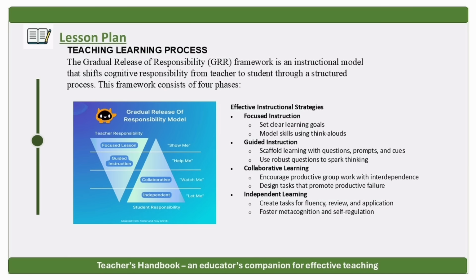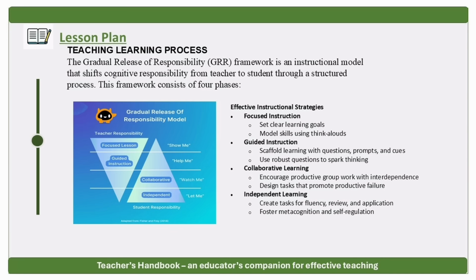Let us understand the theory behind the lesson plan that we are discussing. We are following a pattern or framework called gradual release of responsibility, which is an instructional model that shifts cognitive responsibility from teachers to students through a structured process.